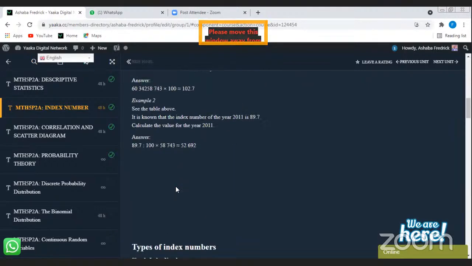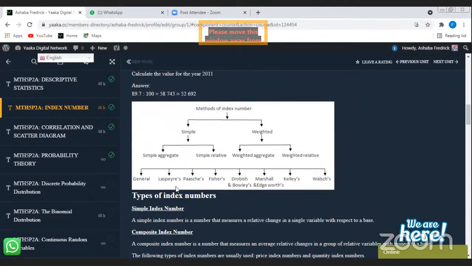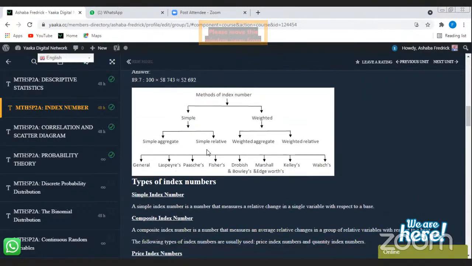So let me get some question before we go to the methods of index number. So we have simple, and then we have weighted. For simple, we calculate simple aggregate and simple relative. These ones have formulas that all of us will use. We are going to see which formulas to use for our advanced level.